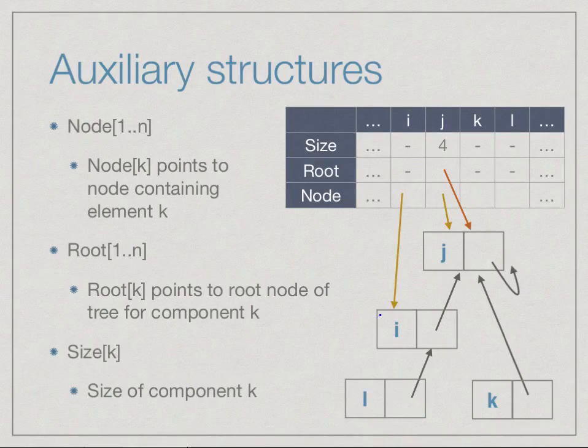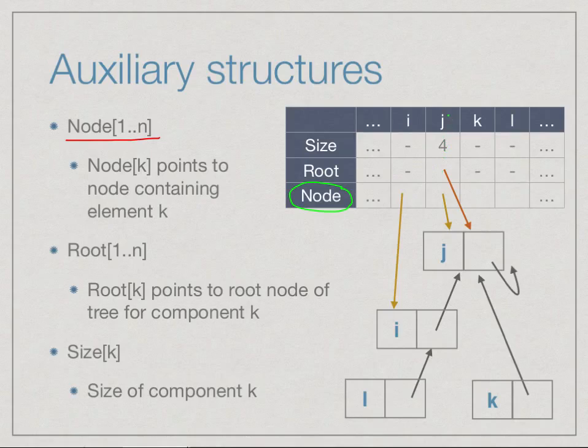So just to help us navigate this tree a little easier, let's assume that we have the following additional arrays of pointers and numbers. First of all, we will keep track of where each node is. Right? So we have an array called node here, and each element of the array is a pointer to the node containing that element. So the entry I says node I is here.